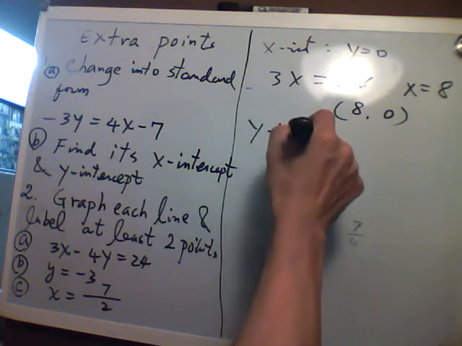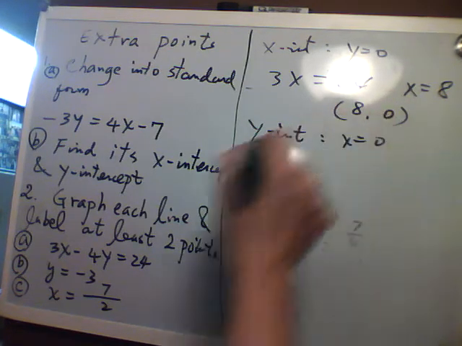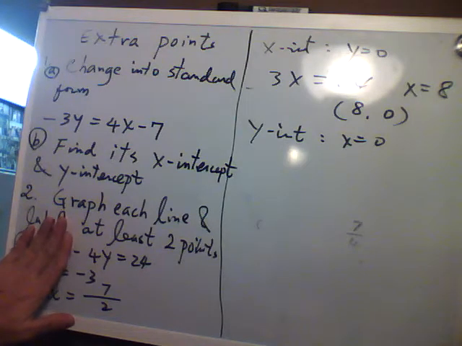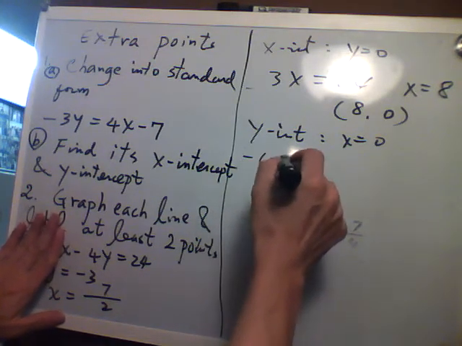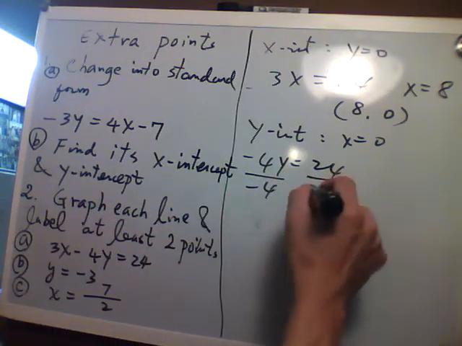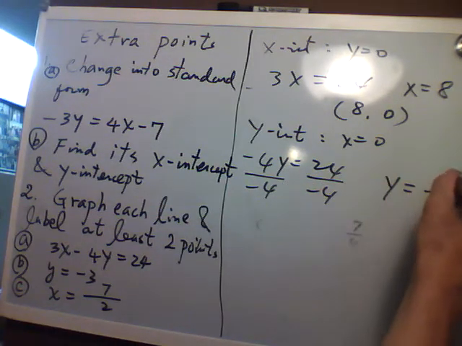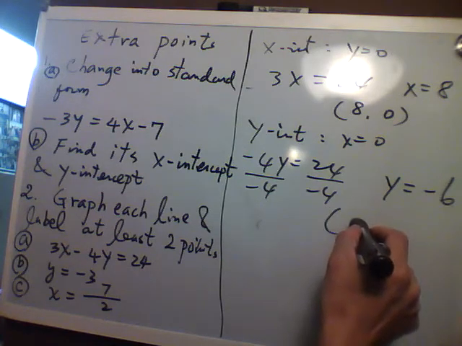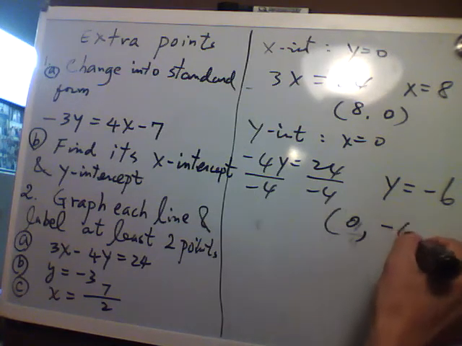For the y-intercept, x equals 0. So negative 4y equals 24. If you divide by negative 4, be careful about the sign. So y equals negative 6. You write the point: 0, negative 6.